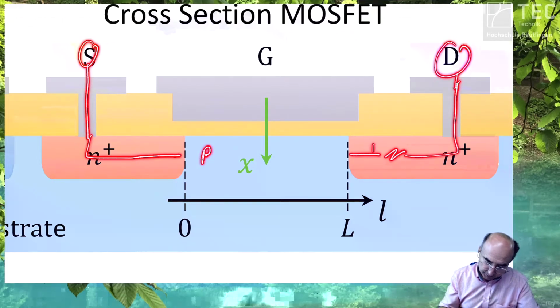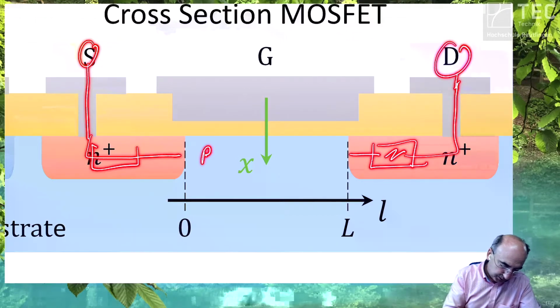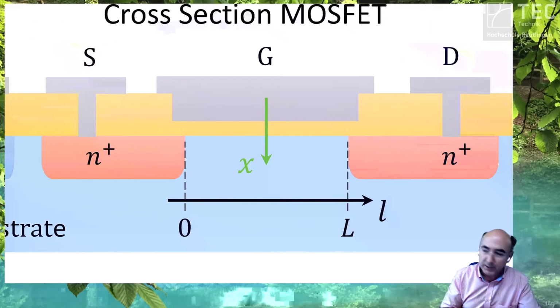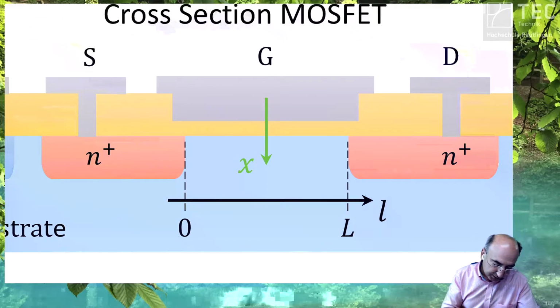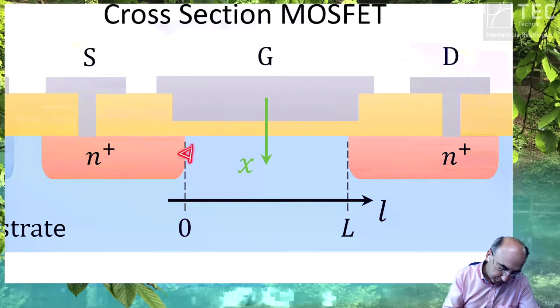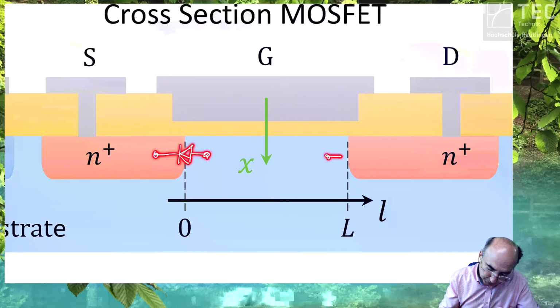So we have here a resistor, here a resistor, and an NP junction. What is an NP junction? That's a diode. In which direction? This one. And here we have an additional one.